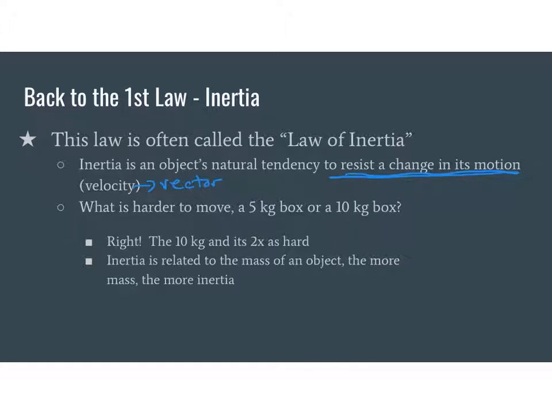The whole idea behind this first law is that as long as the forces on an object are balanced, as long as there's zero net force, there will be no change in the object's motion. Because an object has this property of inertia, its motion is going to stay the same unless it's acted upon by a net force.